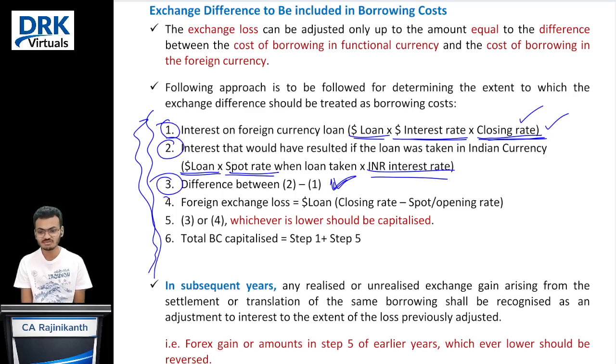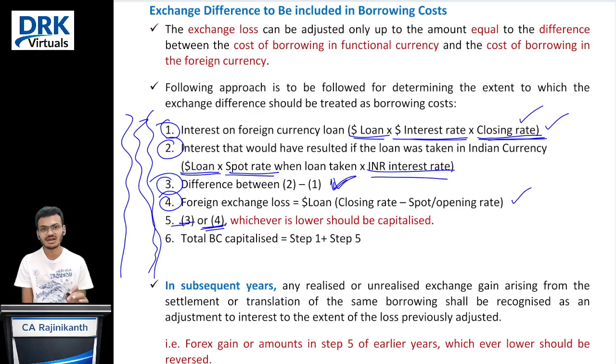In step 4, simply you calculate the foreign exchange loss. If it is a gain, we need not perform all this. We can directly recognize that gain in the profit and loss account because we are in the first year of taking the loan. And in step 5, once you calculate the foreign exchange loss, simply you compare the two amounts, the amount in step 3 and the amount in step 4. What does it mean? You are comparing the interest saving amount and the foreign exchange loss.